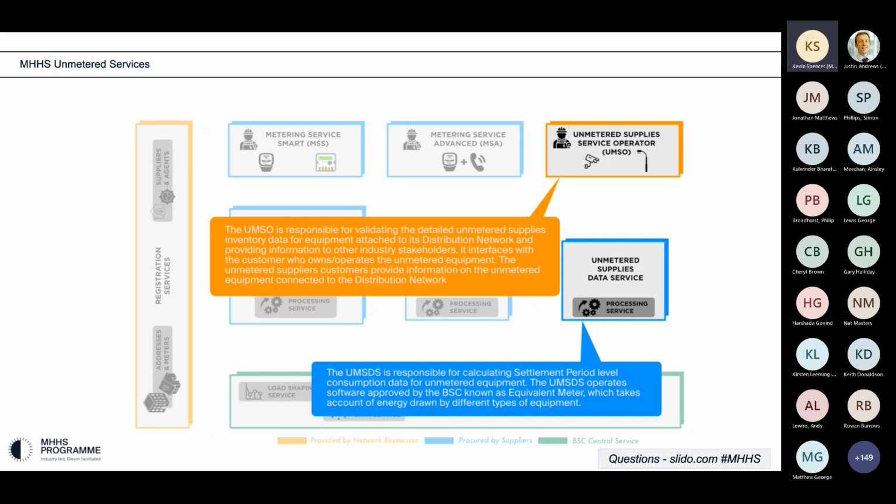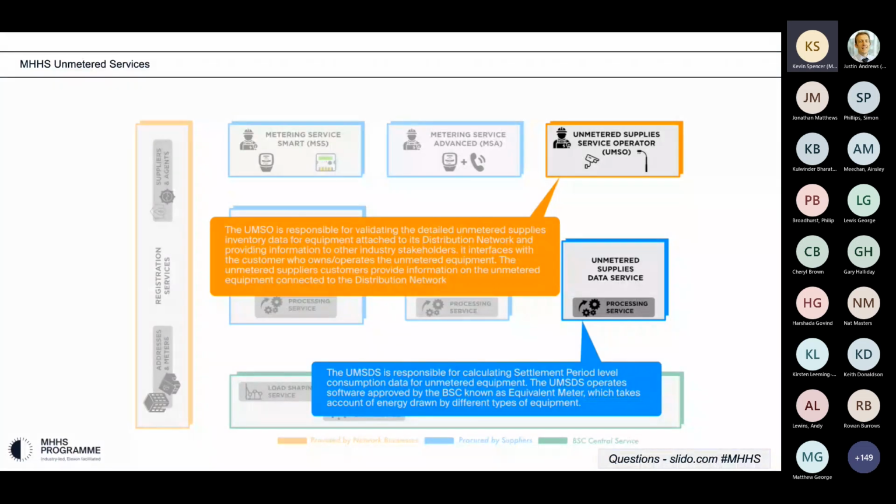That is, the supplier is responsible for procuring an unmetered supplies data service. Some of the larger customers can directly contract an unmetered supplies data service as they currently do in the half-hourly unmetered market. Now, the unmetered supplies data service is responsible for taking that inventory information and validating it itself.